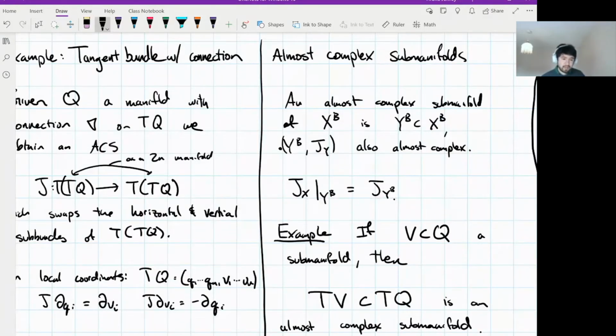So there's a nice way to get almost complex submanifolds inside of these things.